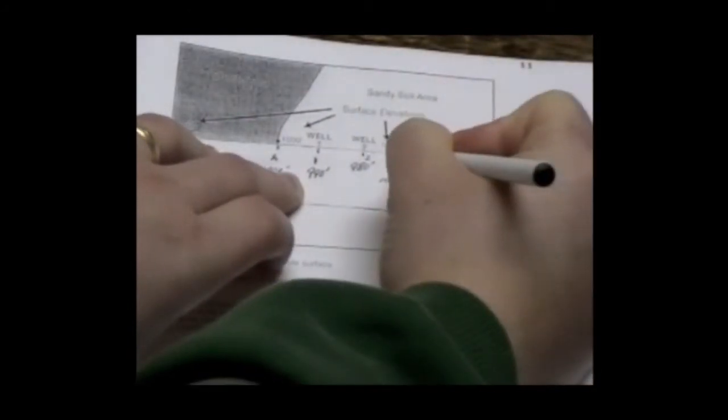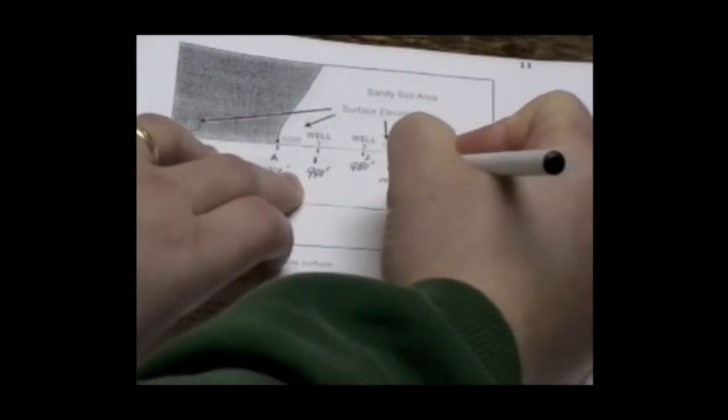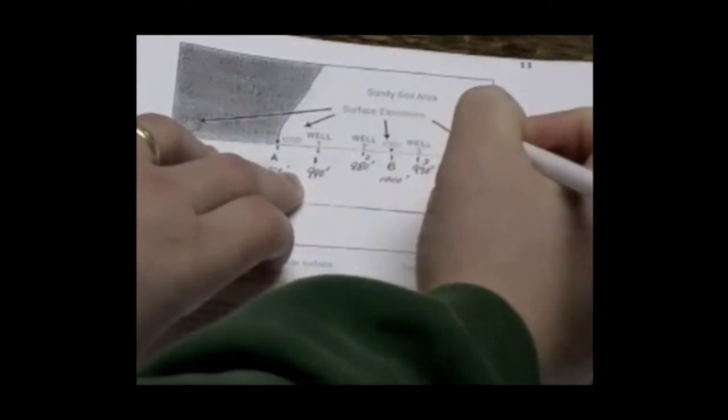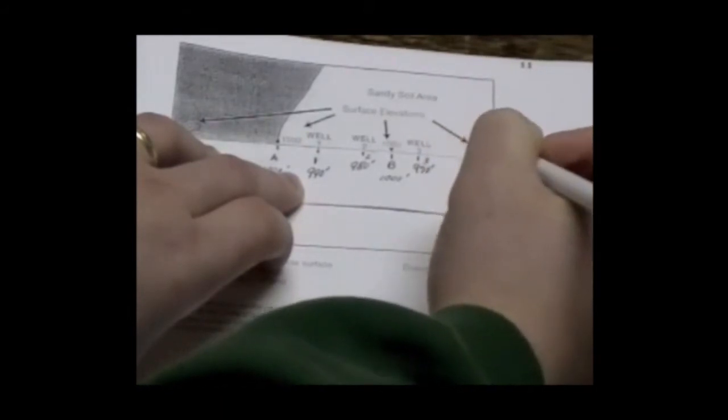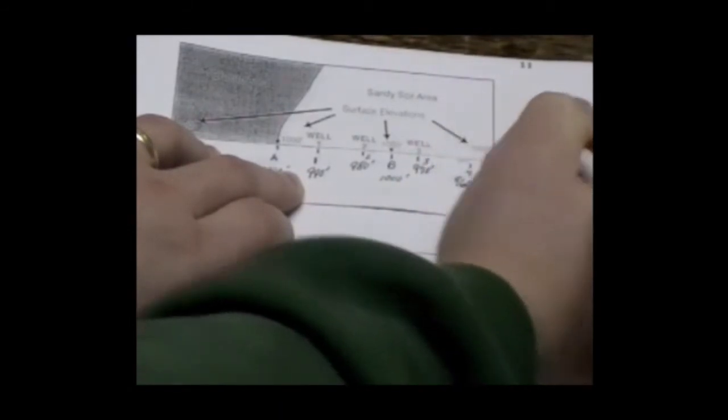Well 3, make our mark. Well 3 is 30 feet below the Earth's surface, so that makes it 970 feet for well 3. And then well 4, you might not be able to see it, it's underneath your strip of paper. Well 4, located here. Well 4 was 40 feet below the Earth's surface. 40 subtracted from 1,000 leaves us at 960 feet.